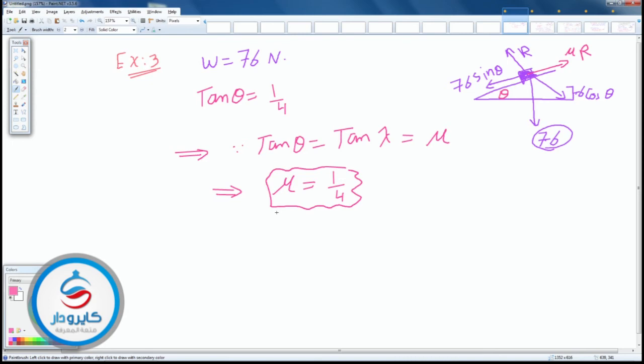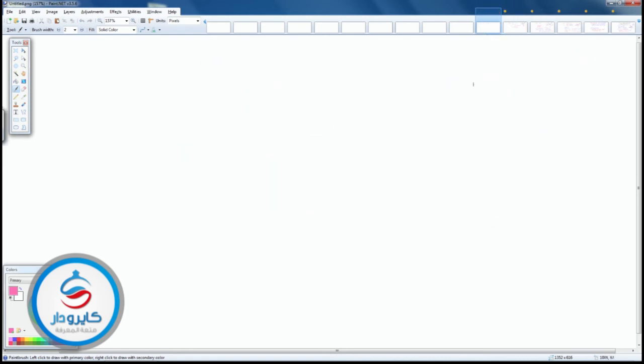Again, if the body is placed on a horizontal plane which is as rough as the inclined plane and it's acted on by an upward pull in a direction inclined to the horizontal with an angle whose sine is 3/5, so that the motion is about to begin, find the magnitude of this force and the normal reaction. This is a very important part. Let's use another tip like that.